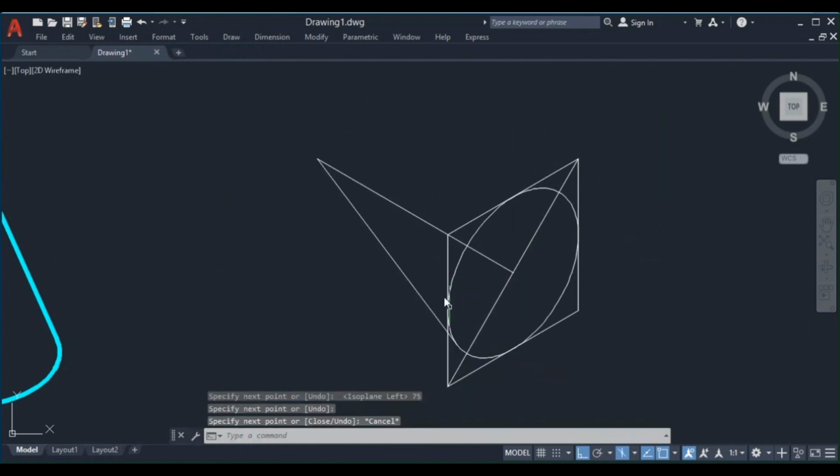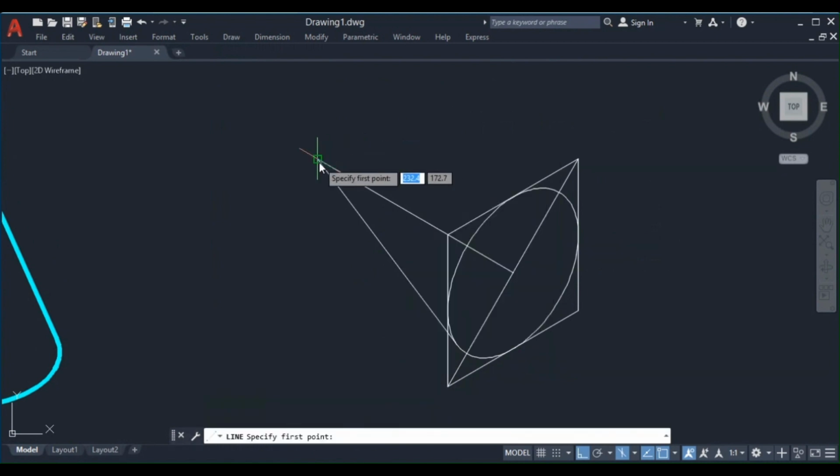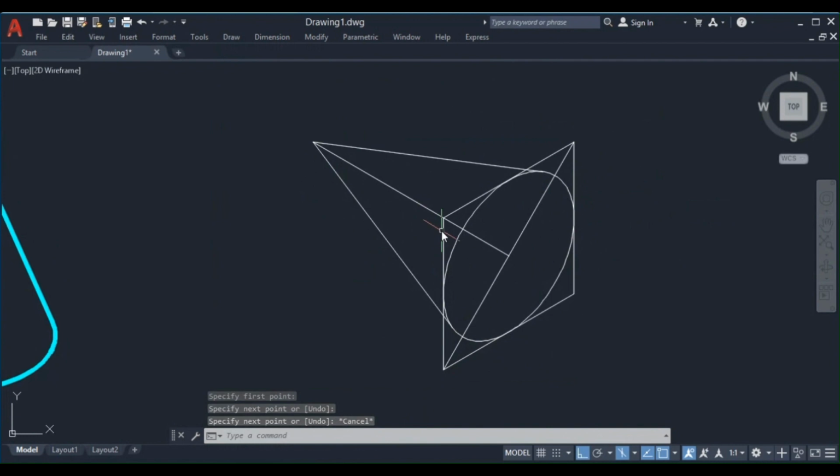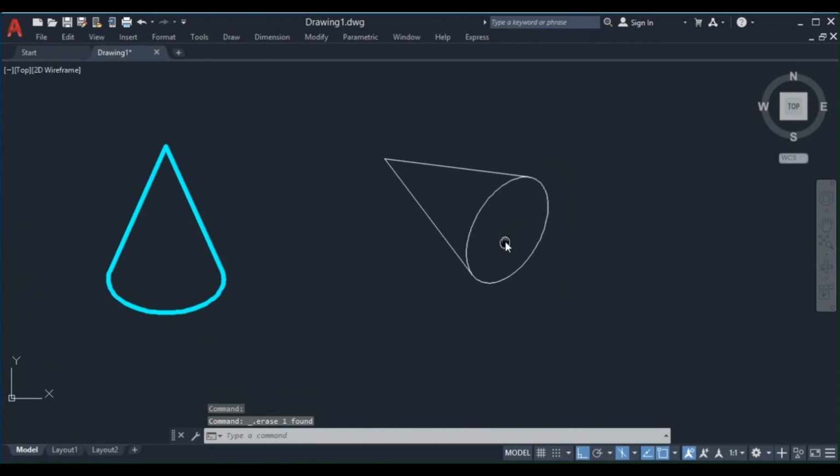Join with the tangents. Always join with the tangent for cone. So now remove the portions which are hidden. Now everything is visible in this case.